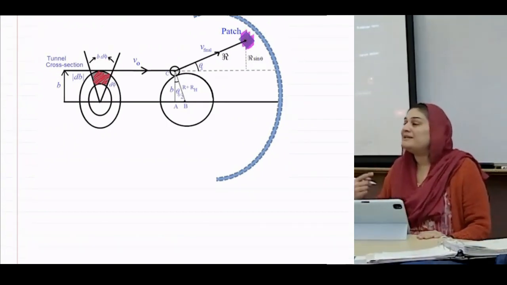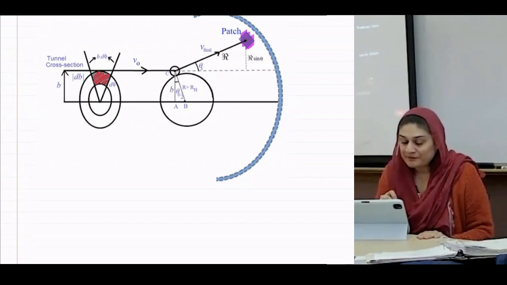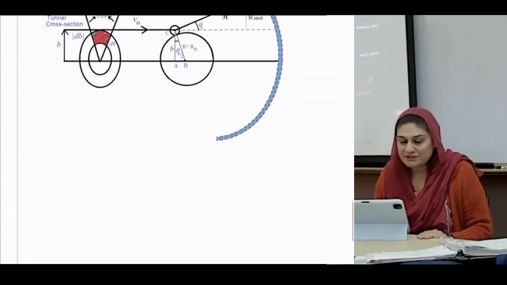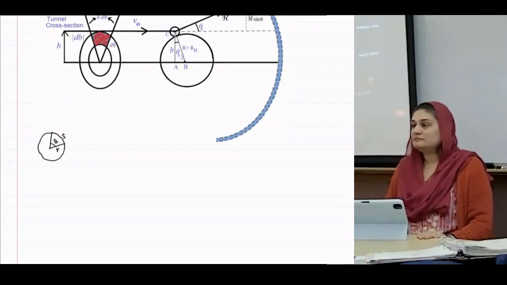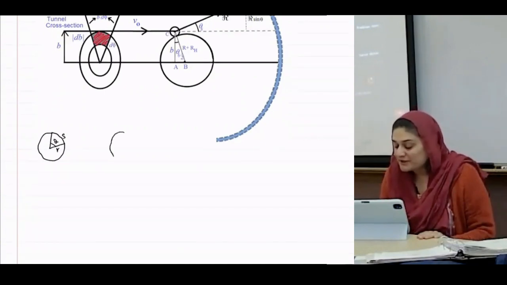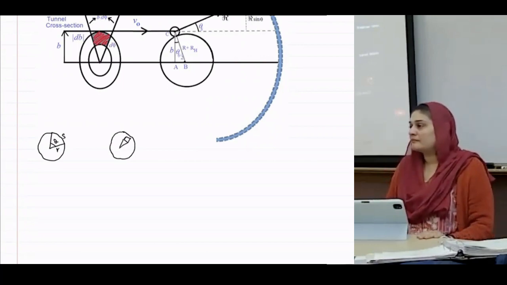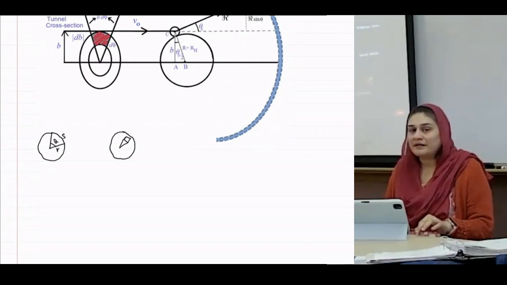So we have to redefine what this patch is. And the patch redefinition is easy. We did this, right? R, S, theta for a circle. When it becomes a sphere, how does this change? S equals R theta.